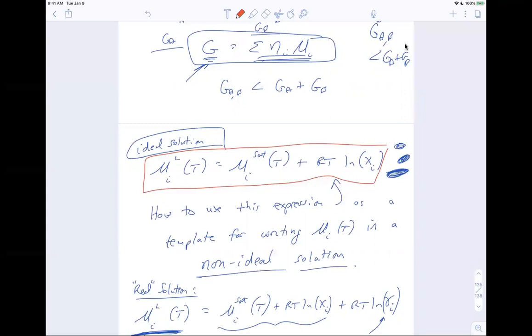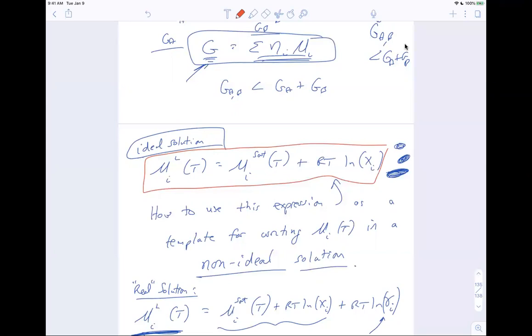So the chemical potential really is a mixture property. It belongs to a particular species, but it is really relevant when you have a mixture. The chemical potential of a pure species is really just a molar Gibbs free energy at conditions of constant temperature and pressure. When you have a mixture of liquids in the condensed phase, you have a solution.